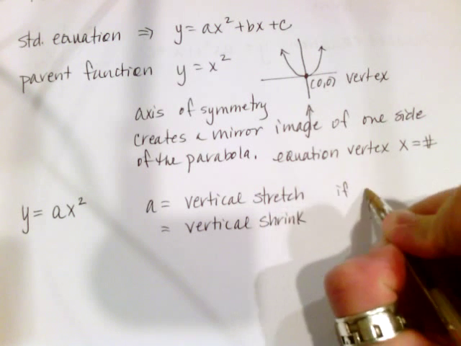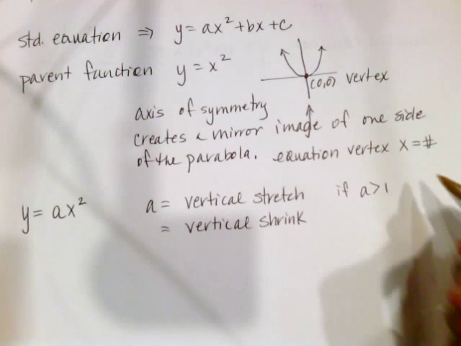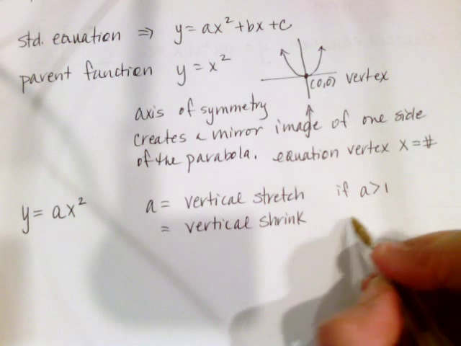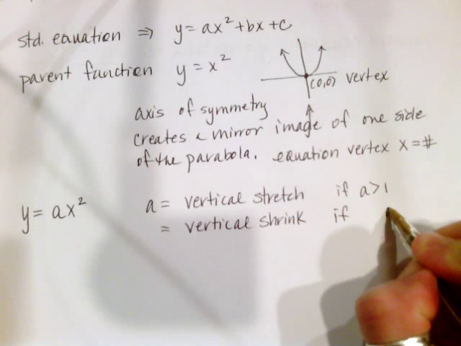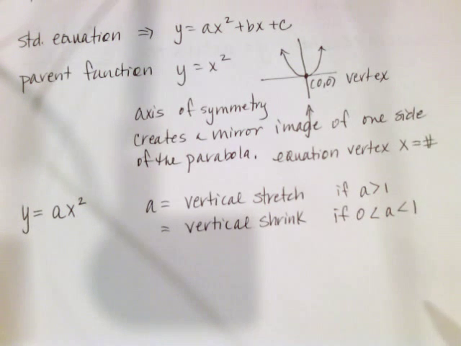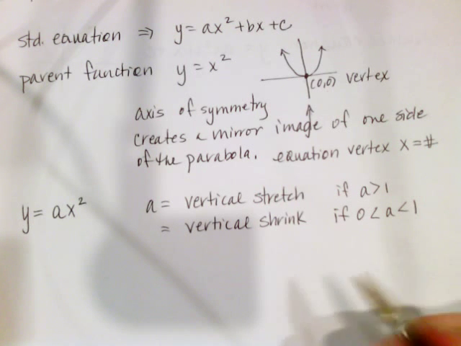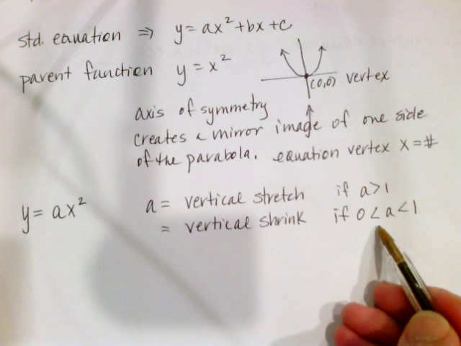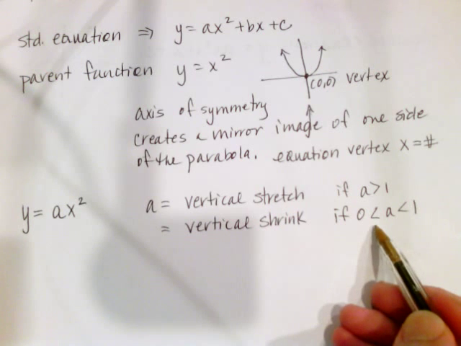So if a is greater than 1, then it is a stretch, and if a is less than 1 but greater than 0, then it's a shrink. So if a is a fraction, then it would be a vertical shrink.